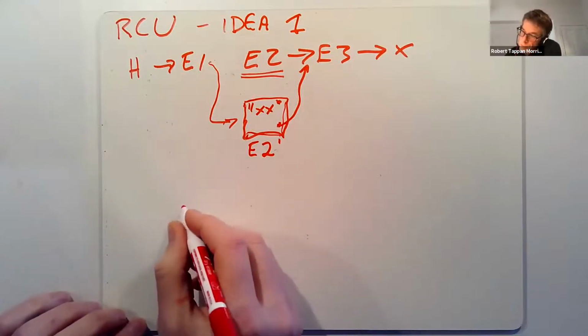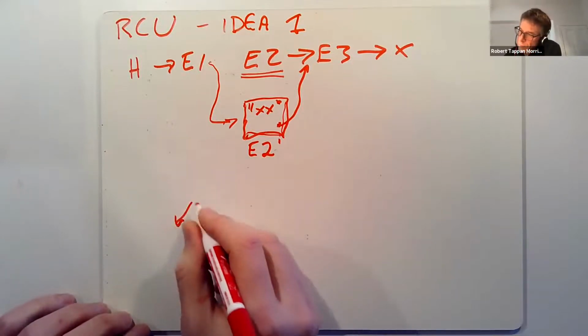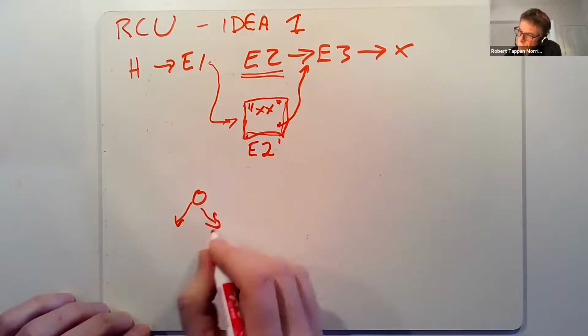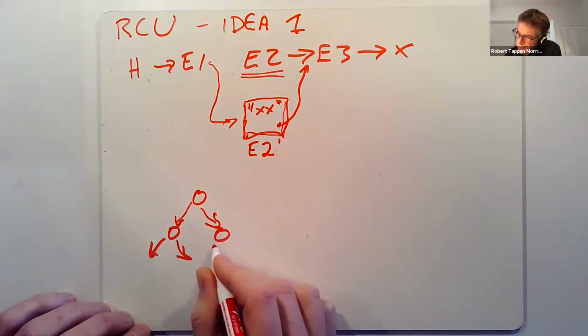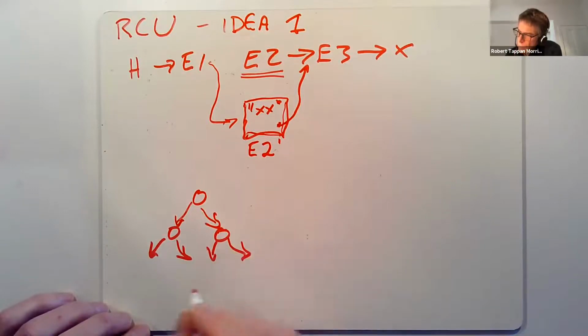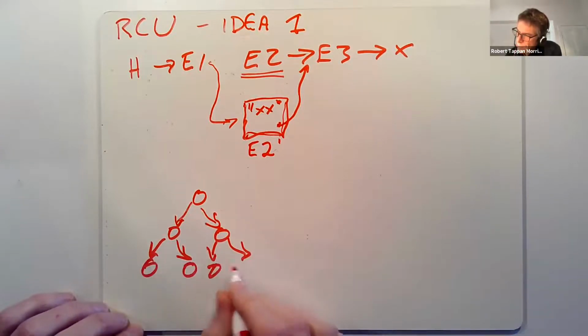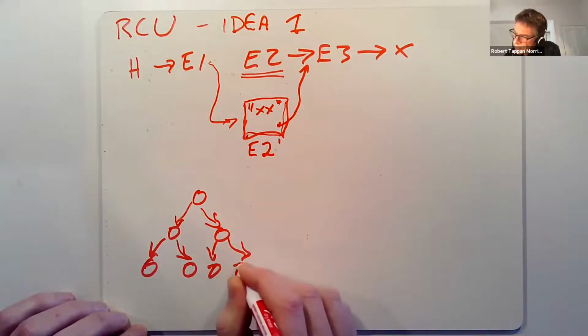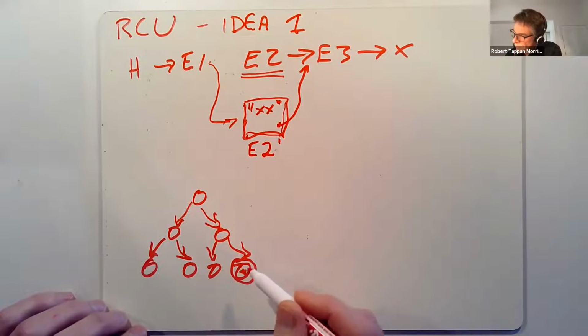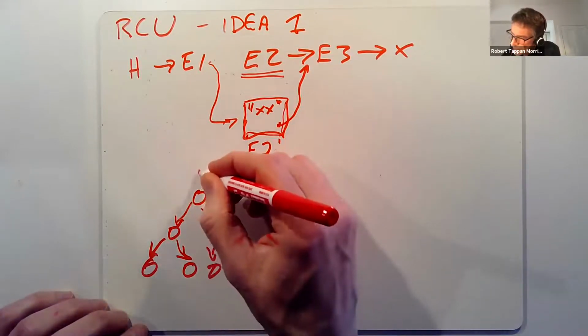A data structure that is good is a tree. If you have a tree of nodes like this, supposing we want to modify this value down here. There's some head to the tree.